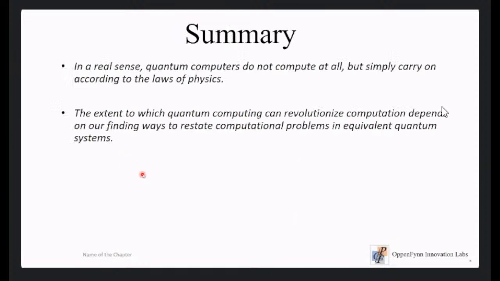I guess I'm nearing the end of today's section. Tomorrow I'll deal with the rest of the things that were not covered in the outline. But for today, I would like to summarize by saying that in a real sense, quantum computers do not compute at all, but simply carry on according to the laws of physics.